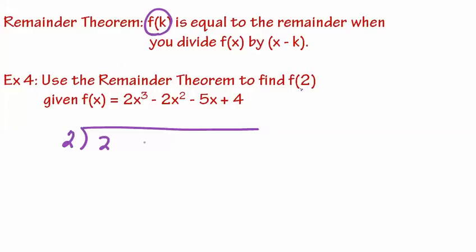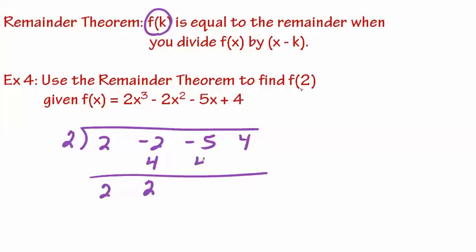So we want to set up 2, negative 5, 4. Everything is present here, every power. So we do our multiplication, add, multiply, add, multiply, add.